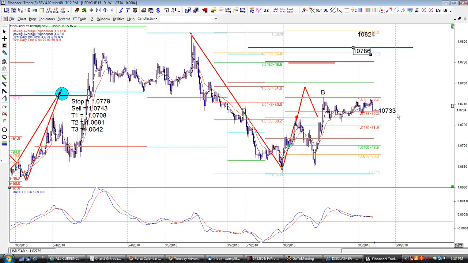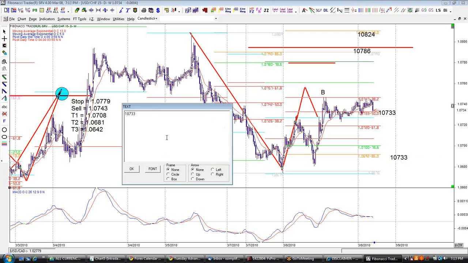Now 0733 for first target. The second target will be a lot better, will be 0690.